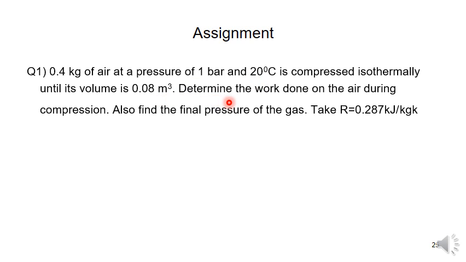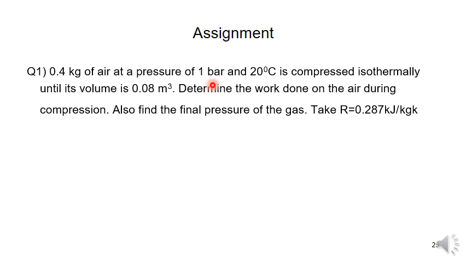Work done formula is P1 V1 log V1 by V2. Here it is compression, that's why you can write V1 by V2. They have given the P1 value and V1 value. By using P1 V1 is equal to P2 V2 or P2 V2 is equal to mRT2, we can calculate V2 or P2.